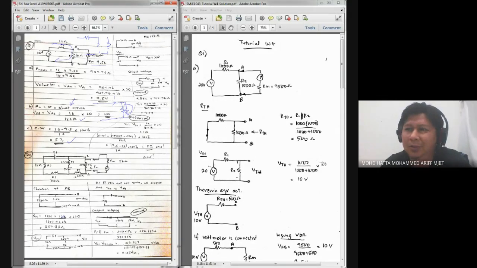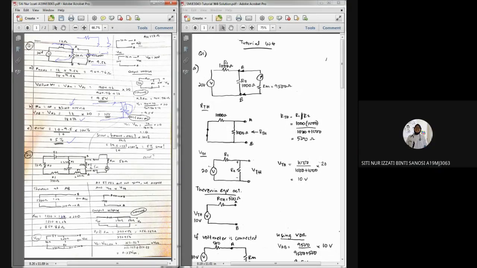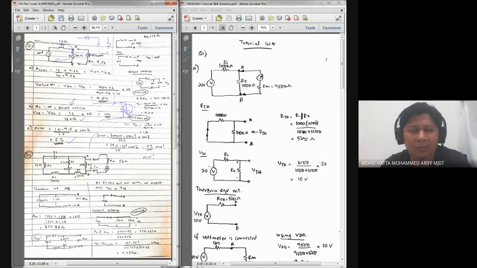You need to do something, either by using mesh analysis, maybe node analysis, perhaps, to solve the value of a voltmeter, measured voltmeter value. But if this is the case, it's okay, and the answer is also correct.